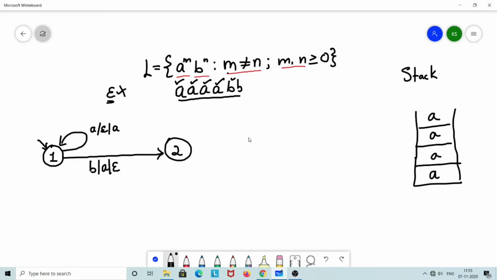The stack will then have only 3 A's. Being in state 2, if I encounter further B's, I'll perform the pop operation, popping A out. For the second B, I'll perform one more pop operation.